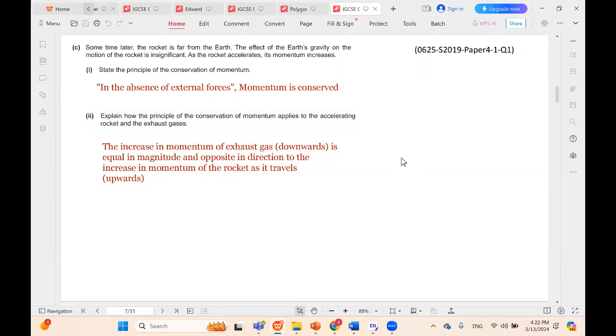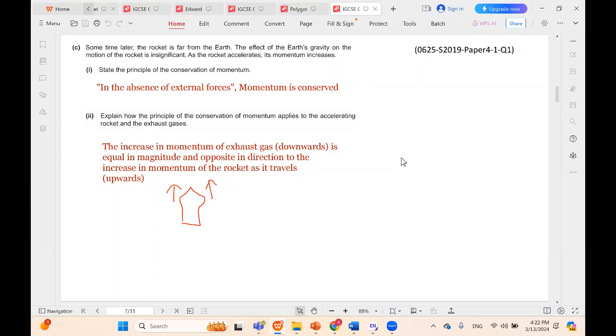Explain how the principle of conservation of momentum applies to the accelerating rocket and the exhaust gases. So the increase in momentum in the exhaust gas is equal and opposite to the increase in momentum of the rocket as it travels. In other words, the rocket, excuse my bad drawing, is traveling upwards and its momentum is increasing because it's accelerating.